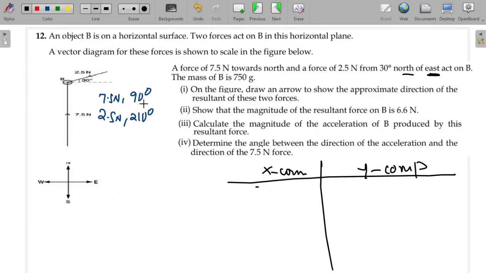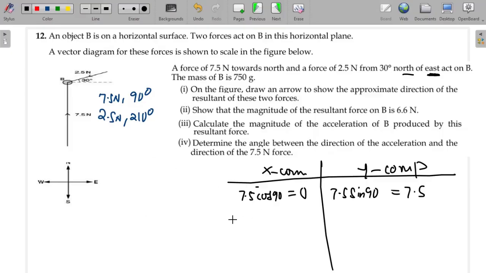The first one is 7.5 cos 90, and here it's 7.5 sin 90. So what does that give me? Cos 90 is 0, so the x component is equal to 0. Then sin 90 is 1, so this one is equal to 7.5.